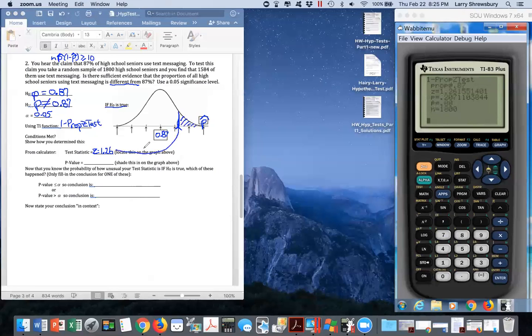But there's something different when you have a not equals. This is known as a two-sided test. What we did previously was a one-sided test because we only shaded one side, because that's all we cared about. But with a two-sided test, remember, don't we want to know if we're significantly above or below? So that's why you go this distance that you went above, and you also go that distance below.